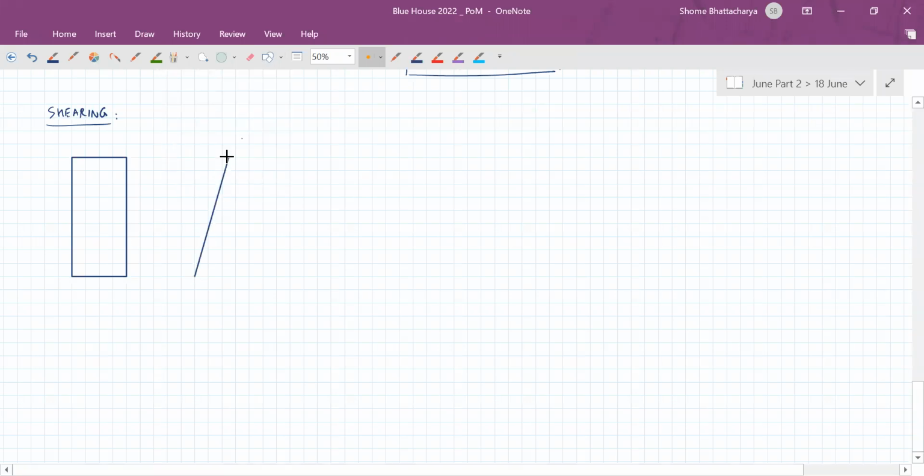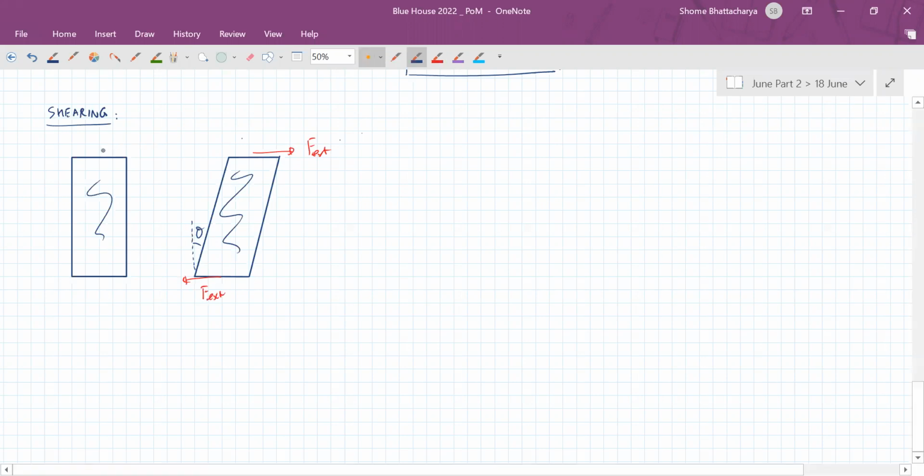So if we have a body of natural shape like this, which we are bending, we are creating a shear in it because of external force, which is like this.